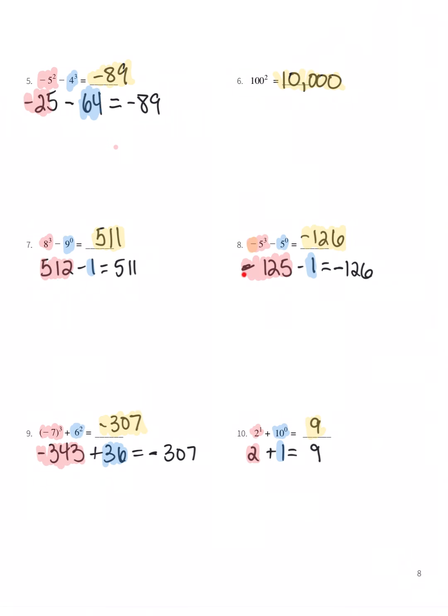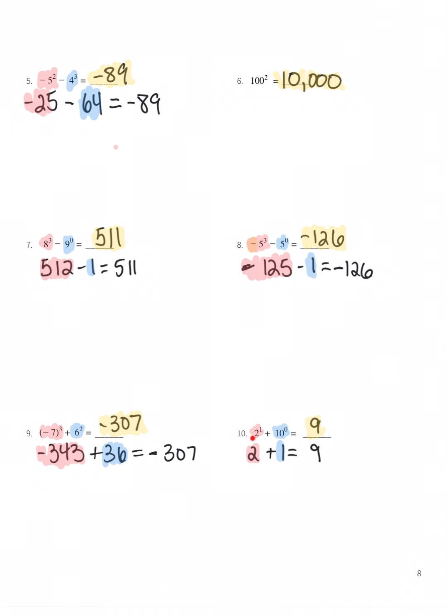5 to the third power with our negative is -125. Minus 5 to the power of 0, which is 1. -125 minus 1 is -126. Next, -7 to the third power is -343. 6 squared is 36. -343 plus 36 is -307.